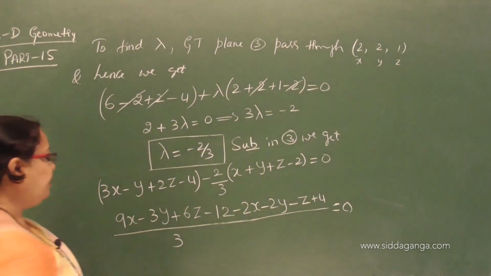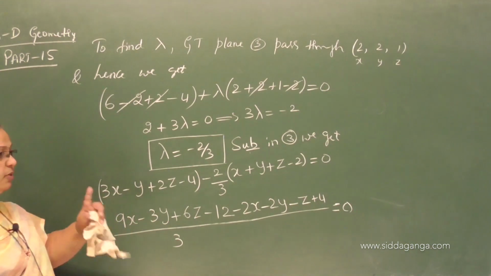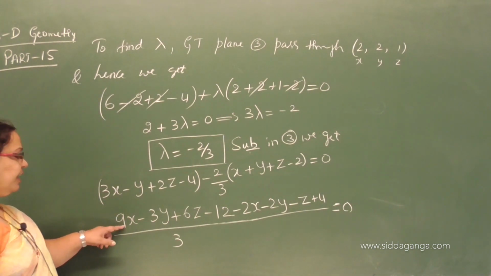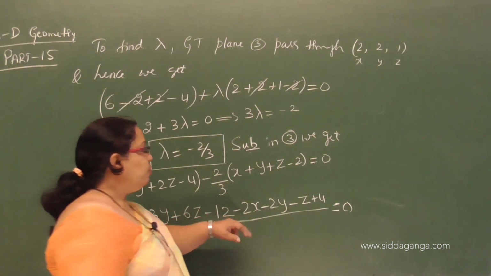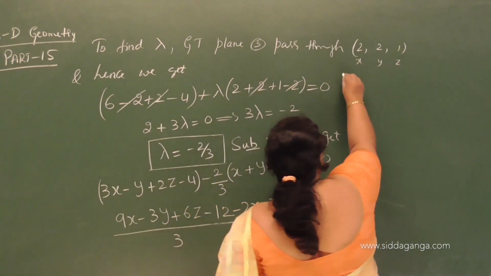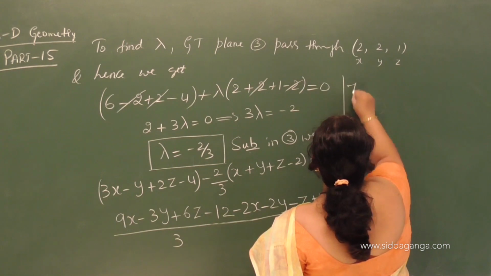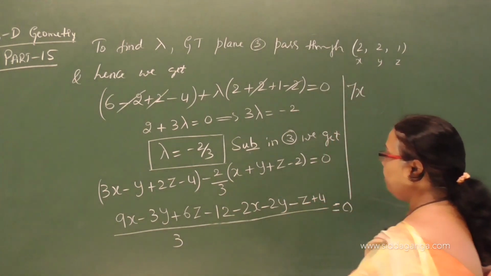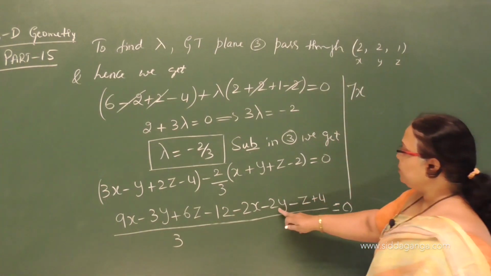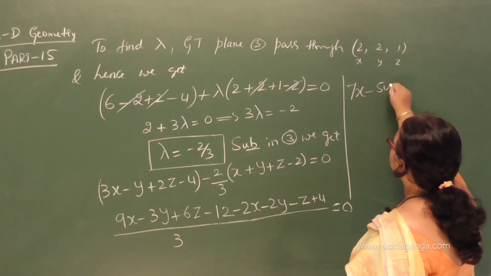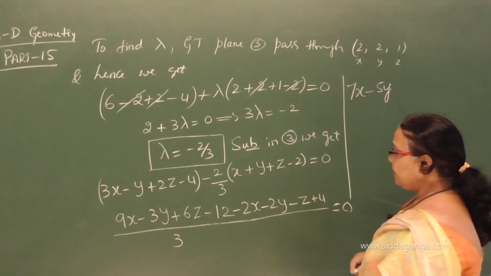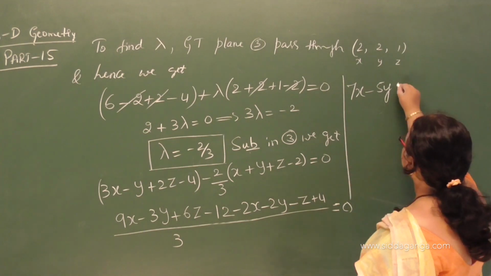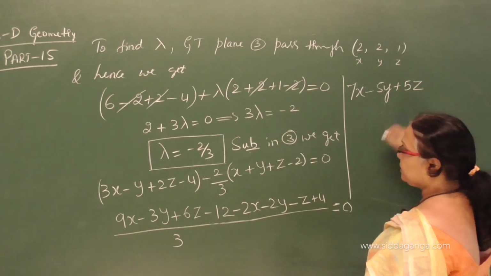Cross multiplying the 3, it becomes 0. 9x minus 2x gives 7x, minus 3y minus 2y is minus 5y, 6z minus 1z is plus 5z.